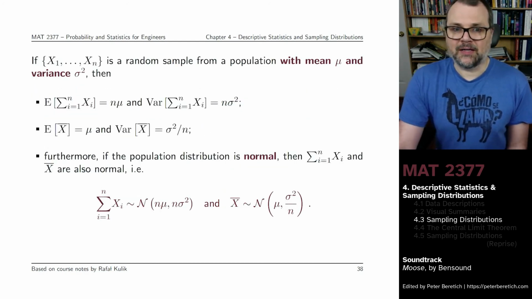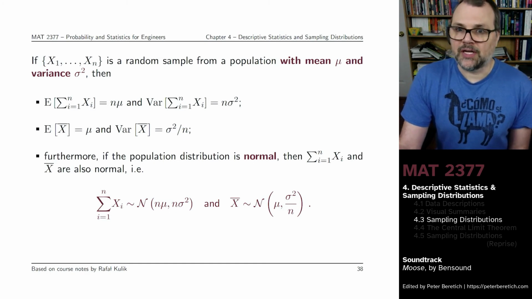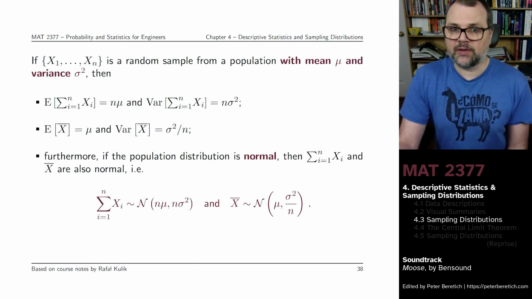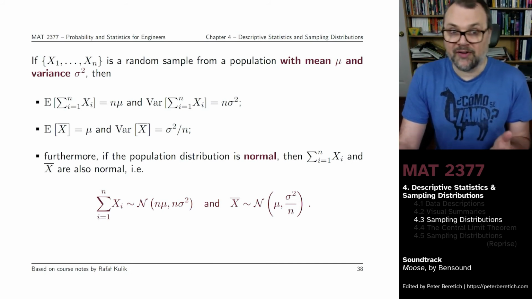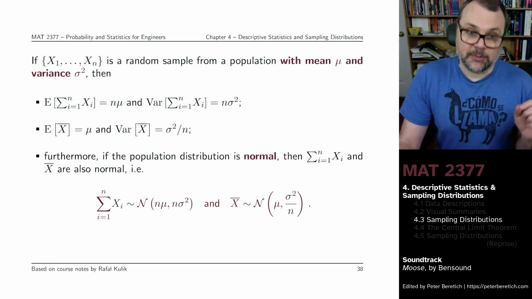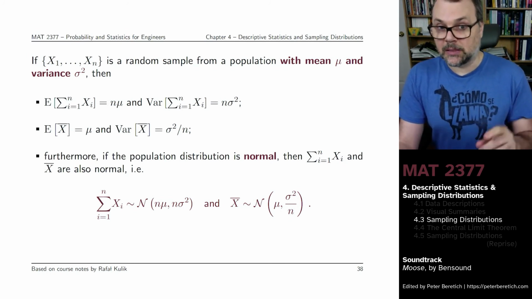Now, mathematically, what this is saying, we know this, if you have a random sample from a population with mean mu and variance sigma squared, the expectation of the total is n mu, the variance of the total is n sigma squared, the expectation of the mean is mu, the variance of the mean is sigma squared over n.